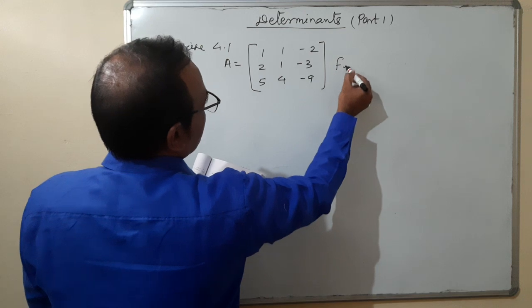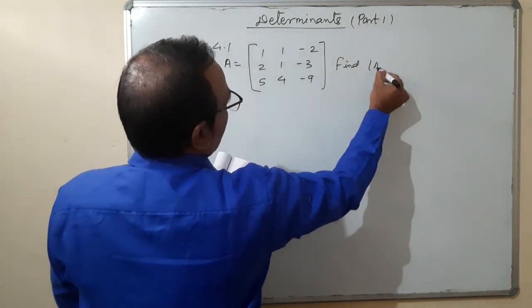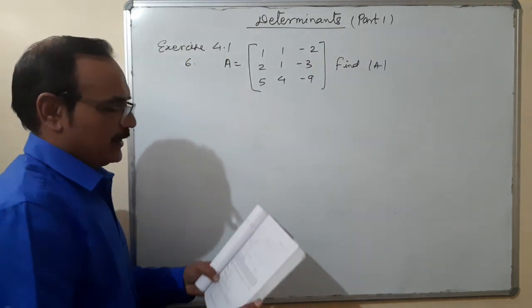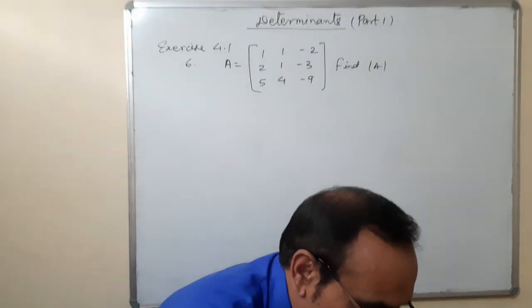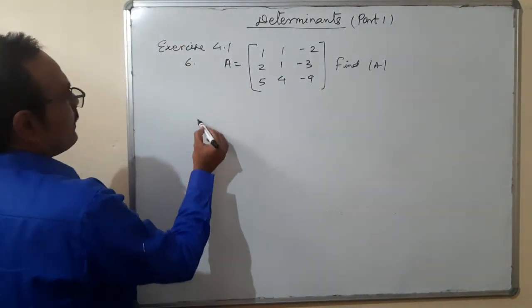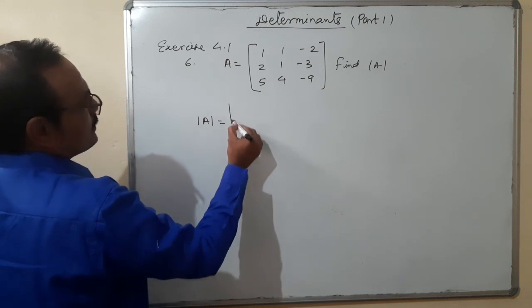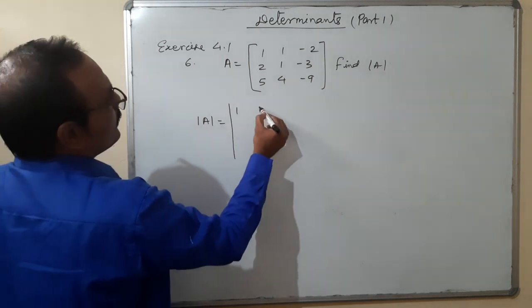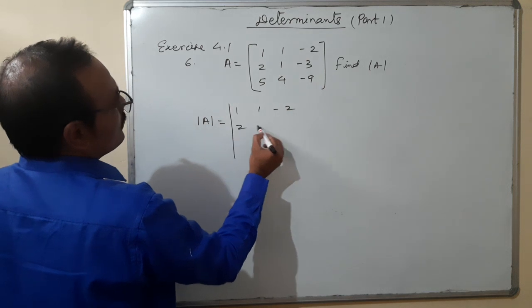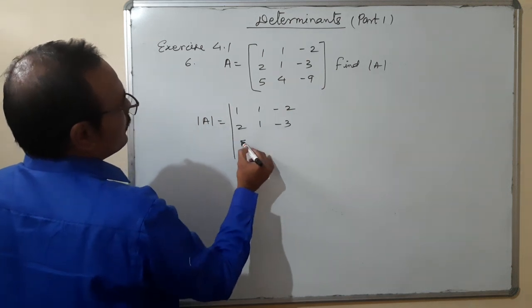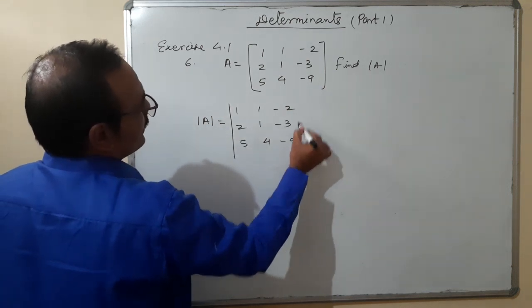The question is to find the determinant value of A. This we are finding. So determinant value of A is 1 1 minus 2, 2 1 minus 3, 5 4 minus 9.